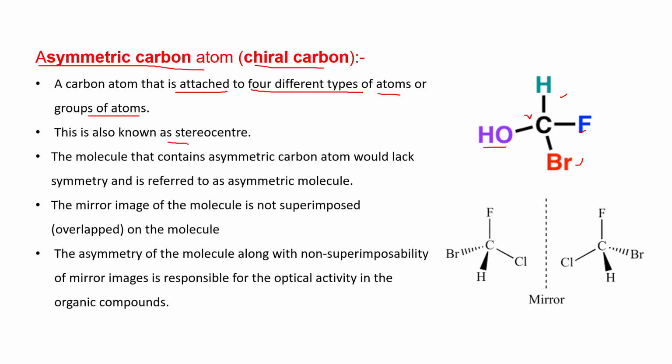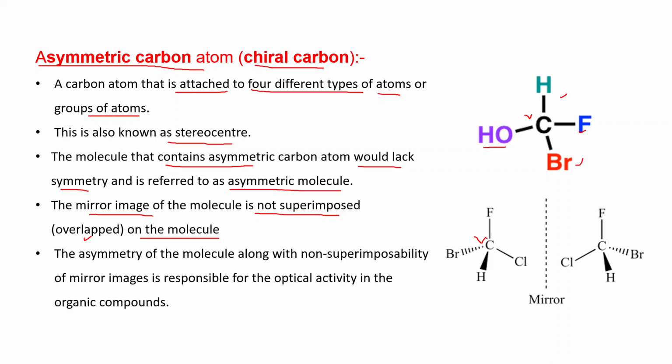This is also known as a stereo center. A molecule that contains an asymmetric carbon atom lacks symmetry and is referred to as an asymmetric molecule. The mirror image of the molecule is not superimposable, that is, it cannot be overlaid on the molecule. Again, you can see this diagram.